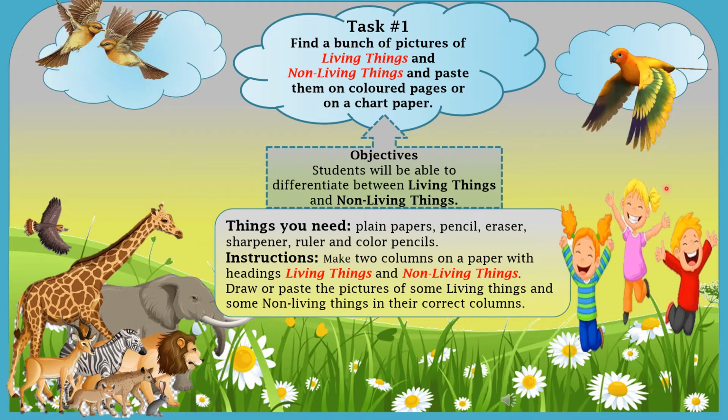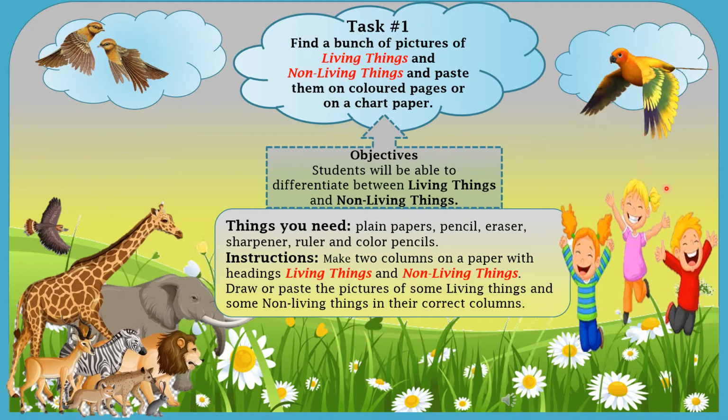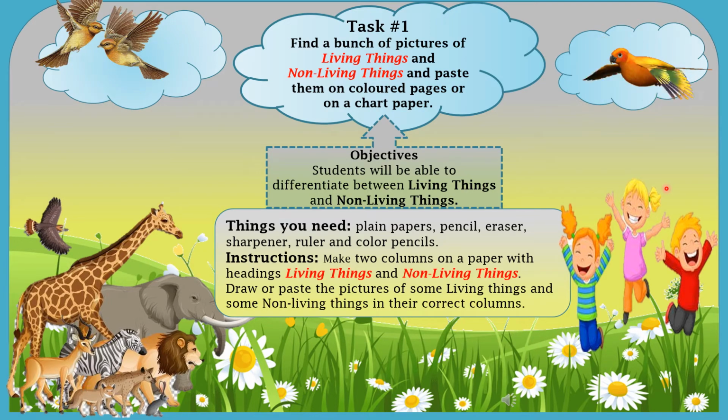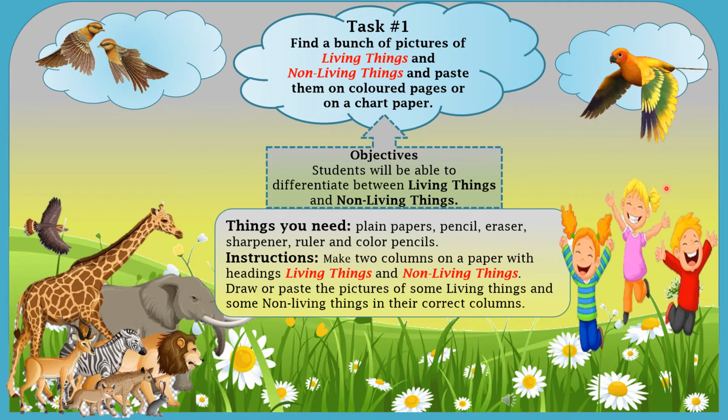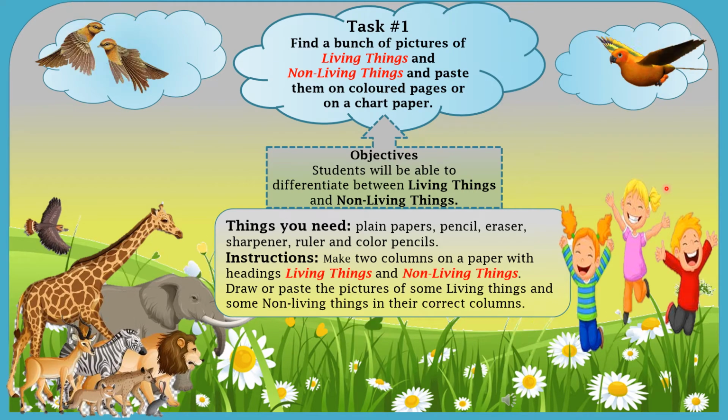On one page, you have to label the page with living things and paste or draw some pictures of living things, and on another page you can label the page with the heading non-living things and draw or paste the pictures of non-living things.